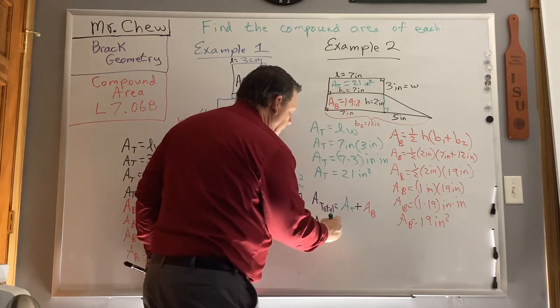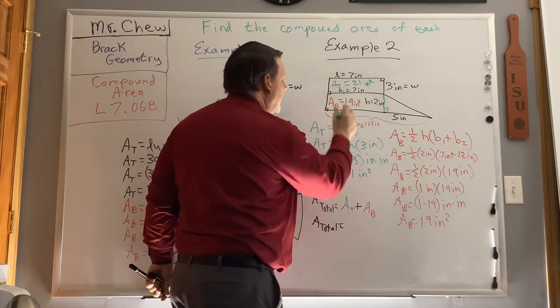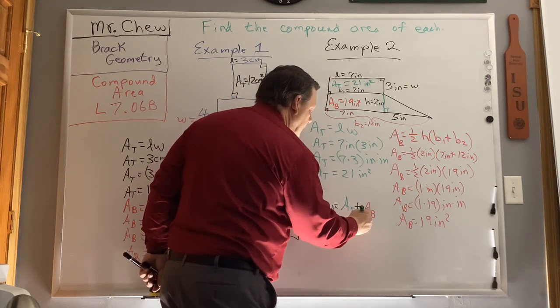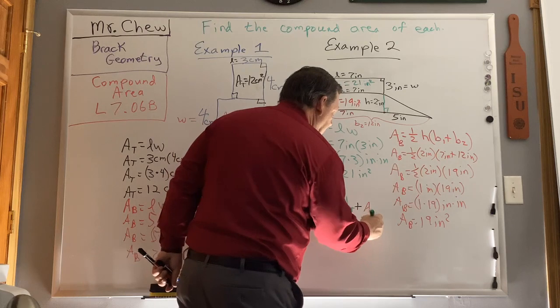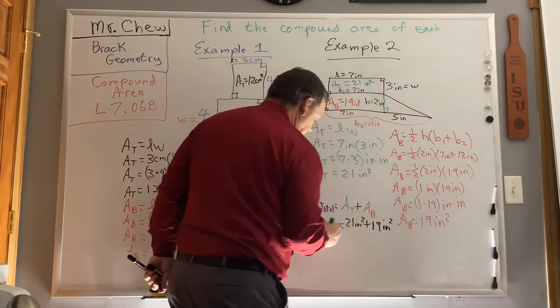So my total area, top 21 inches squared, area bottom 19 inches squared.